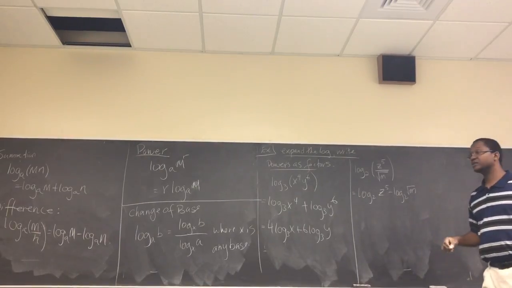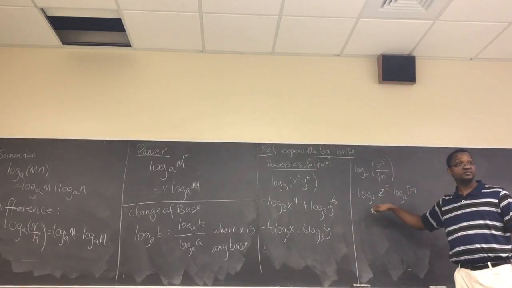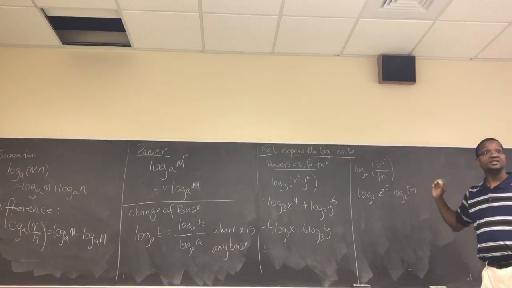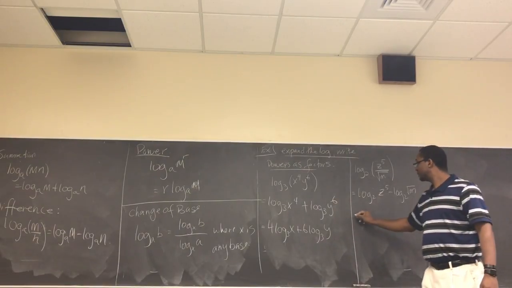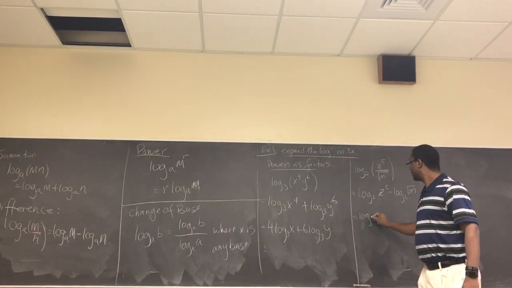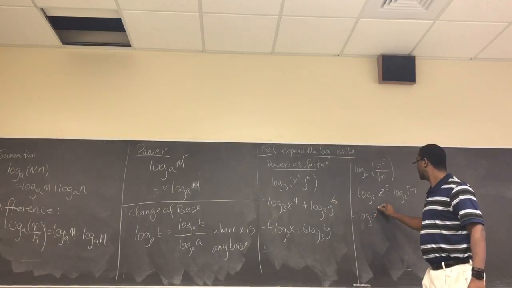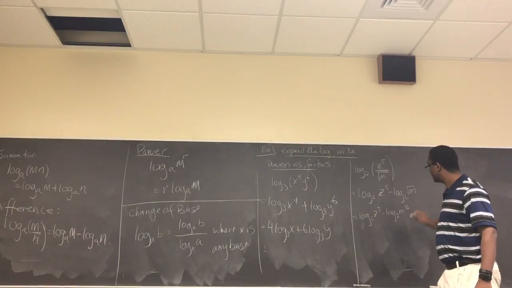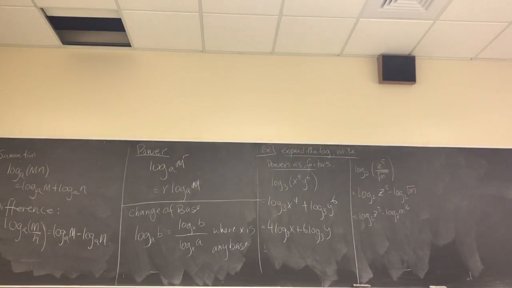You have to be careful. The z must come first. Numerator is positive, denominator is negative. And so this becomes log base 2 of z to the 5th minus log base 2 of m to the 1/2 power. Right? Square root is the power.